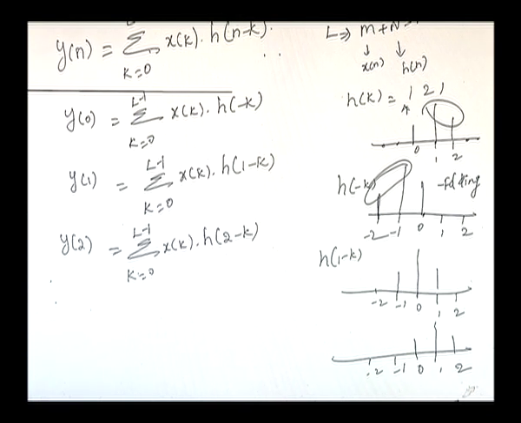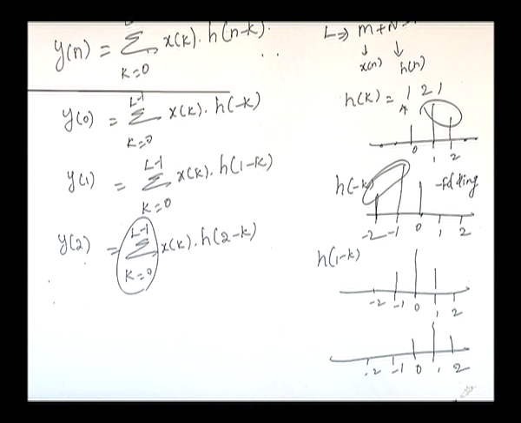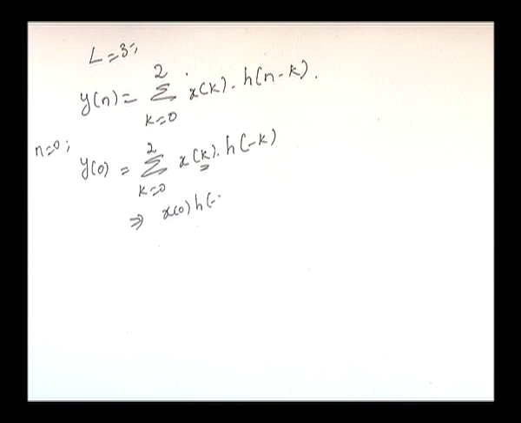Here I have written the program for the summation. Suppose I have taken L equal to 3, then I have to find y of n is equal to summation of k equal to 0 to 3 minus 1, that is 2, x of k h of n minus k, right.